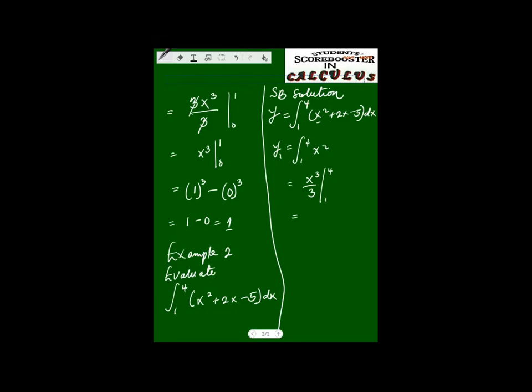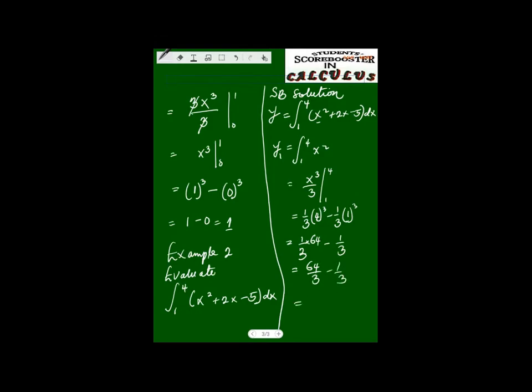And if I substitute, it's going to be 1 over 3 times 4 raised to power 3 minus 1 over 3 times 1 raised to power 3. 4 raised to power 3 is 64, so 1 over 3 times 64 minus 1 over 3, since 1 raised to power 3 is still 1. So what I have here now is 64 over 3 minus 1 over 3.